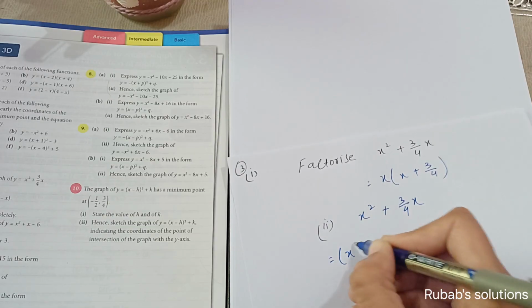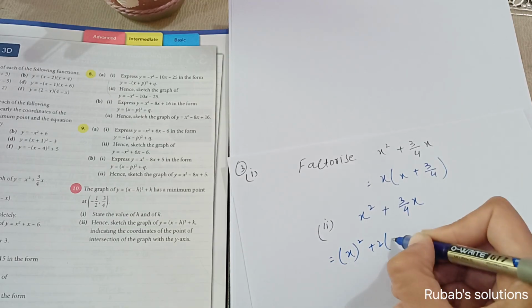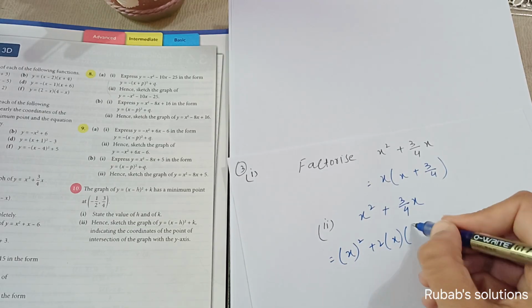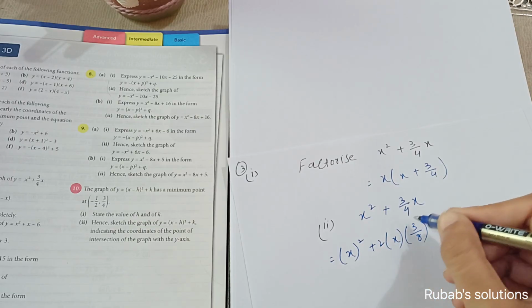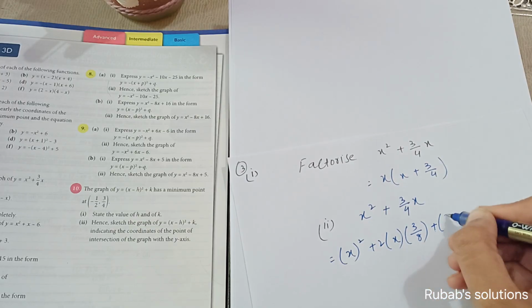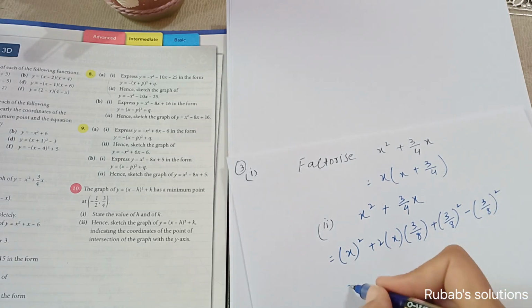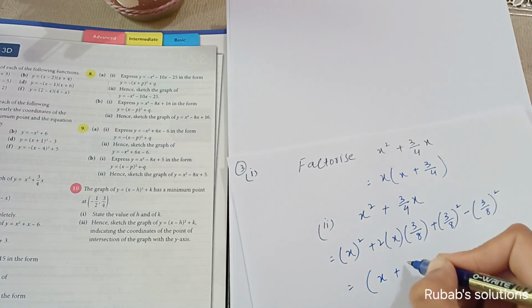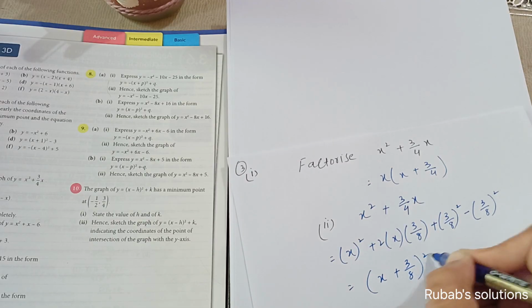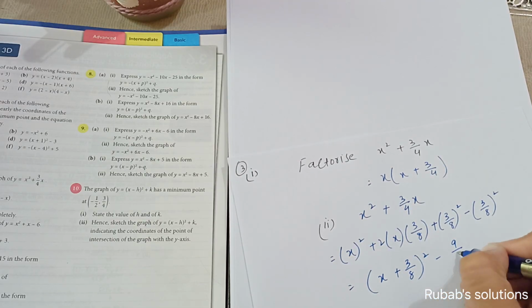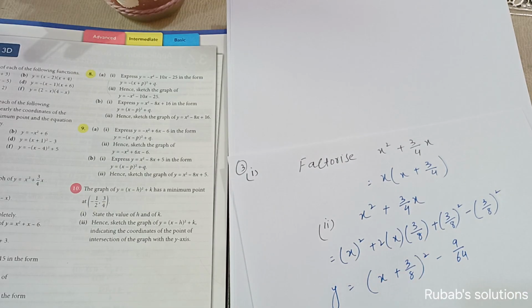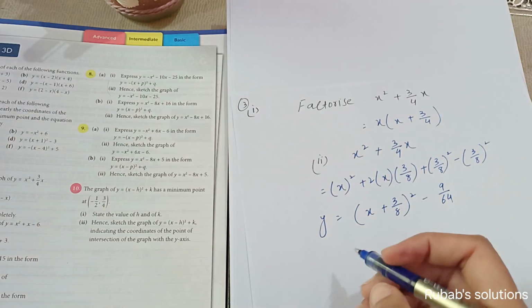So let's do it. a square plus 2a is x, dividing it, so it will become 3 by 8, plus 3 by 8 whole square minus 3 by 8 square. So till here I got (x plus 3 by 8) whole square, and this is minus 9 by 64. This is your y. Clear?